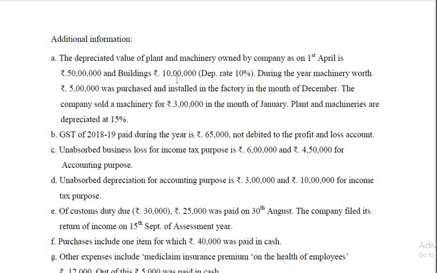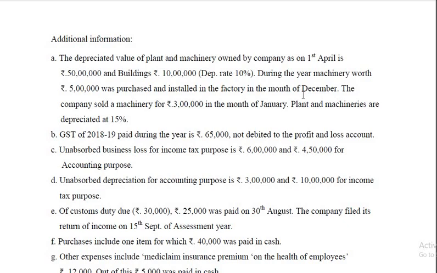And in the case of the building block, the depreciation rate is 10%. And regarding plant and machinery, it's not given, but it's implied that it is 15%. During the year, machinery worth rupees 5,000 was purchased and installed in the factory in the month of December. So this machinery is purchased in the month of December.